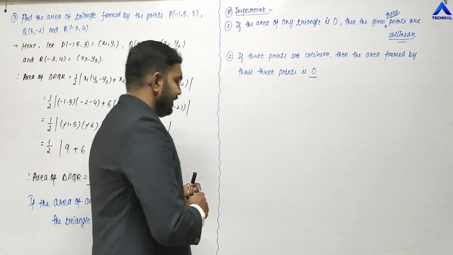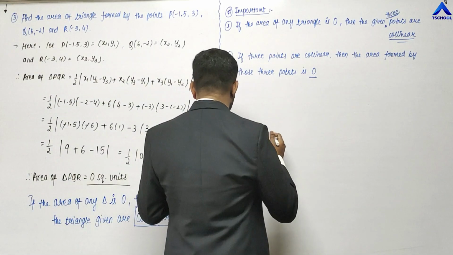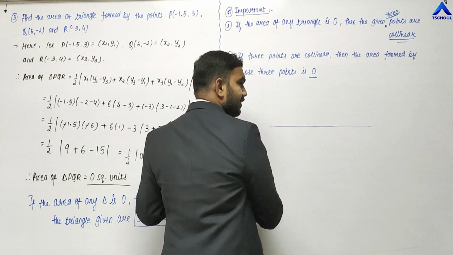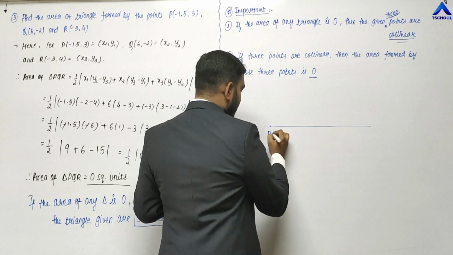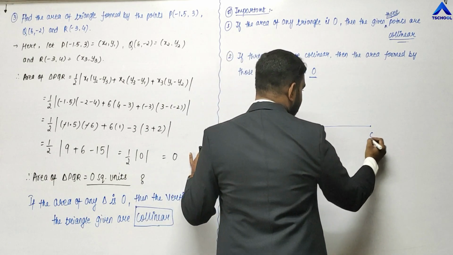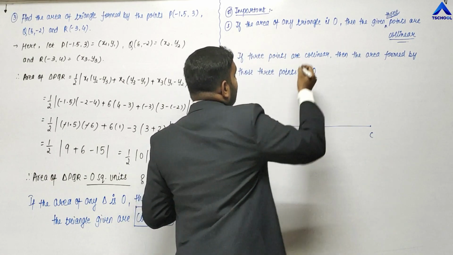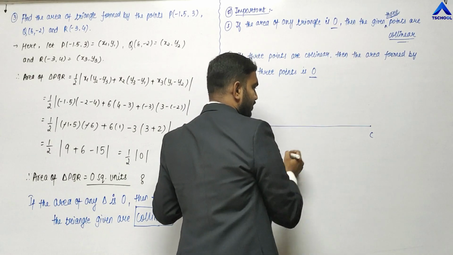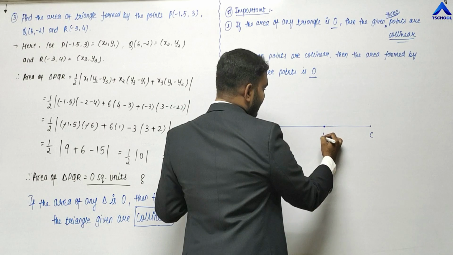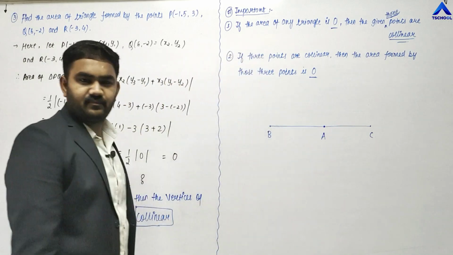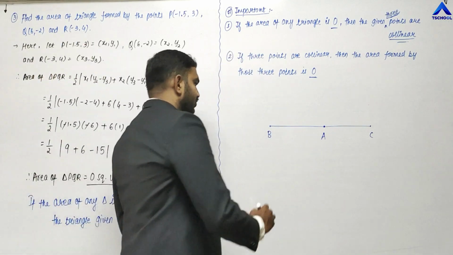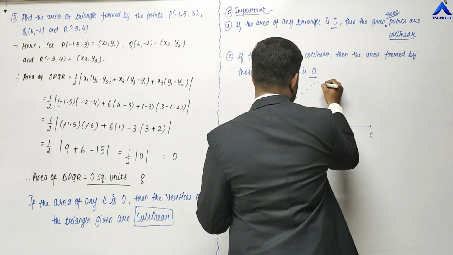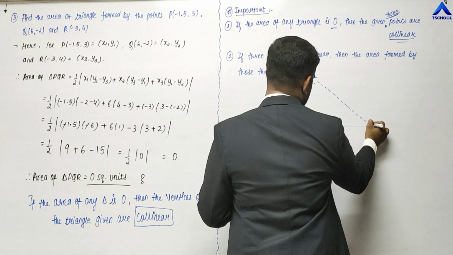As I said again, the first point reveals a situation like we are having a triangle with B and C as this side, but the area is 0, so the point that must be here will now be exactly in between B and C, right?